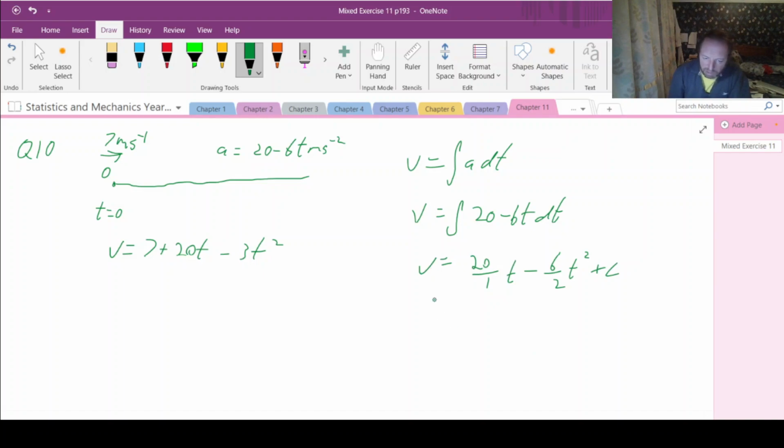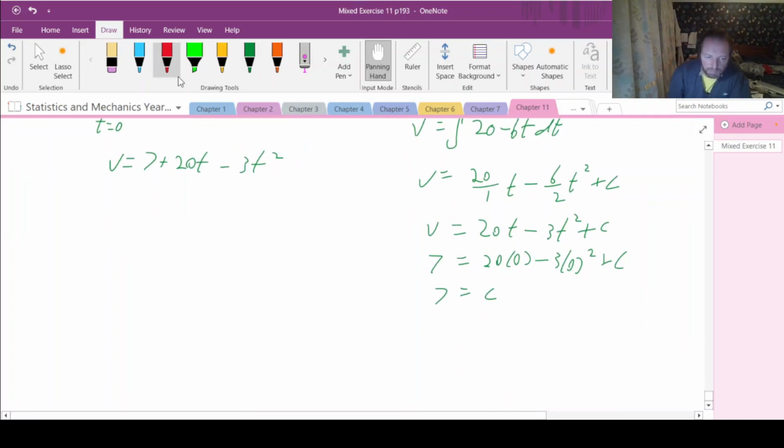Okay, that's your velocity, and of course we were told that we had a velocity of 7 meters a second. So velocity equals 20t minus 3t squared plus c, and we know it's 7 when we have a time of 0, so putting in that 0 we get the fact that c equals 7.